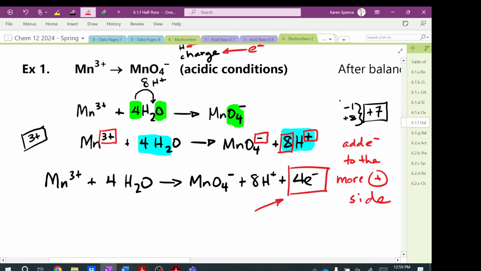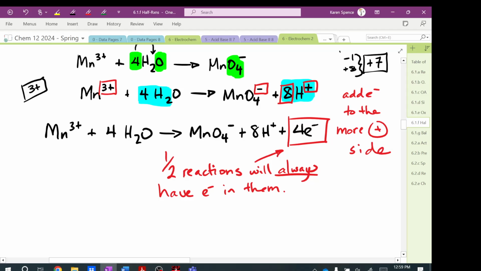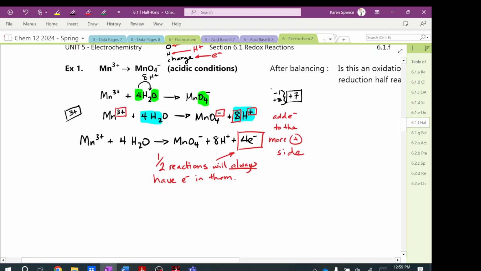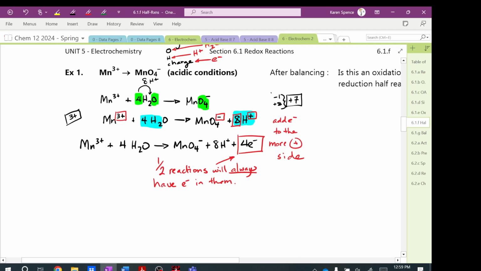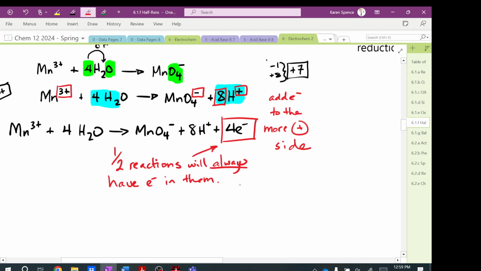Half reactions should always have electrons in them, and I'm going to make this note right now.